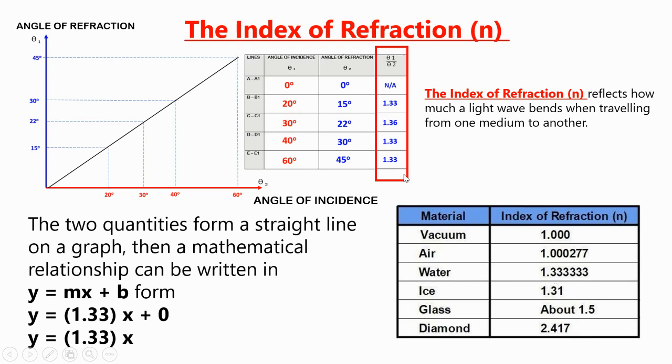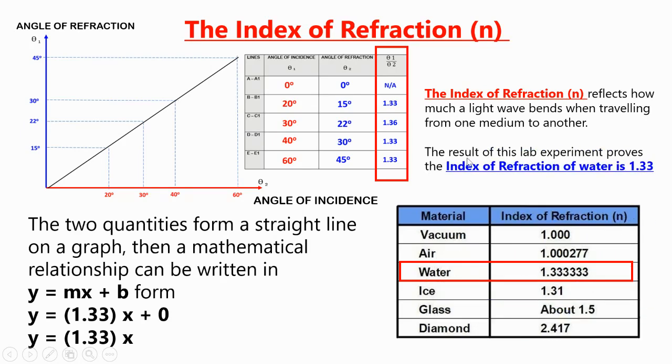That's incredible because that's what we actually calculated in our experiment. 1.33 actually is the index of refraction of water. And here we have ice, glass, and diamond. Diamond has a very, very high index of refraction, which means that it bends light a lot. So the result of this lab experiment proves the index of refraction of water is 1.33.